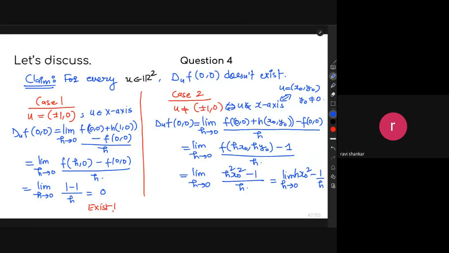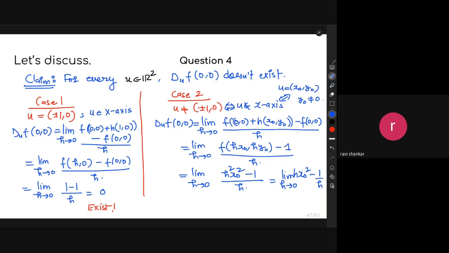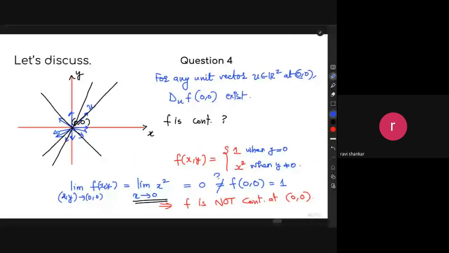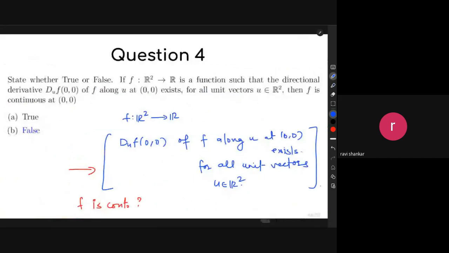The first part will be equal to 0, but the limit of the second part doesn't exist, because it's 1 over h. So this example doesn't seem to work, so we need to modify this example a bit. But this example works for the case if I take any other point than 0.